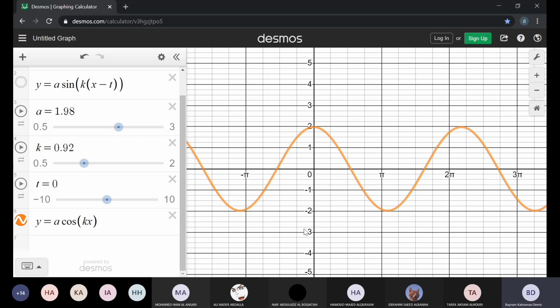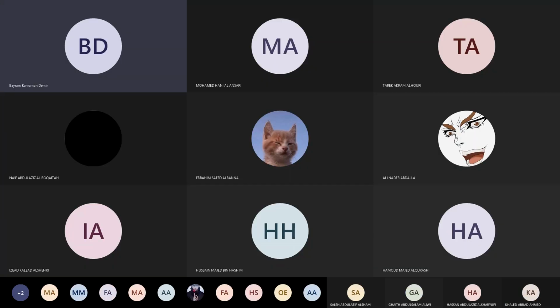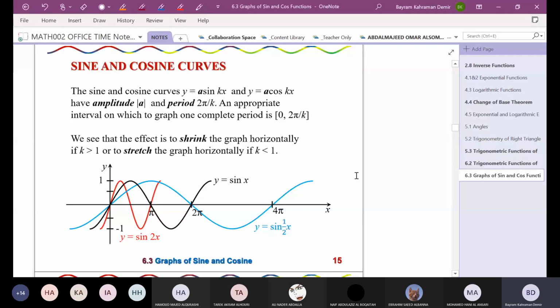Now, how do we calculate the period of this new function, everybody? Let's change our screen. If you have a kx here, sine or cosine, we are going to divide 2 pi by k to find the new period for the new function.